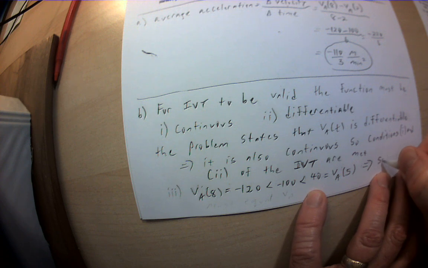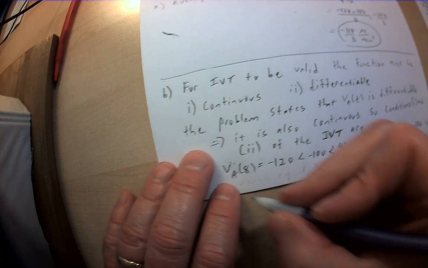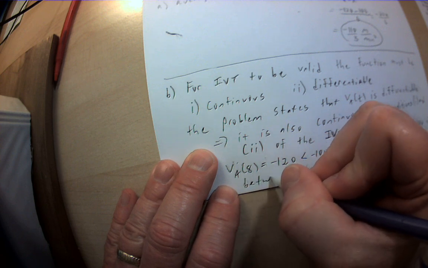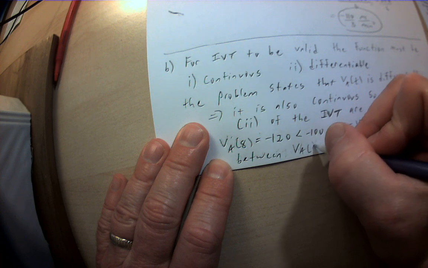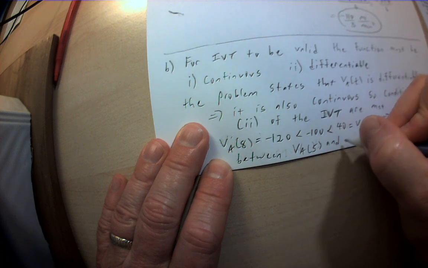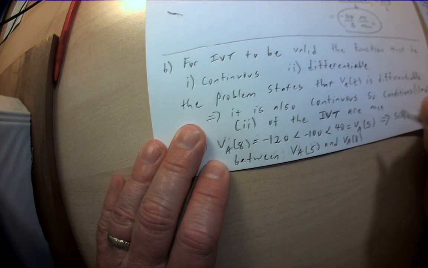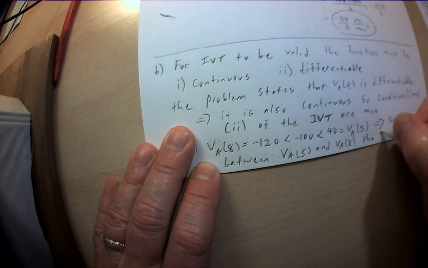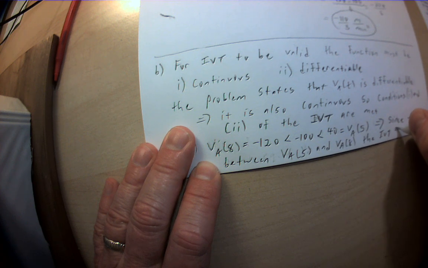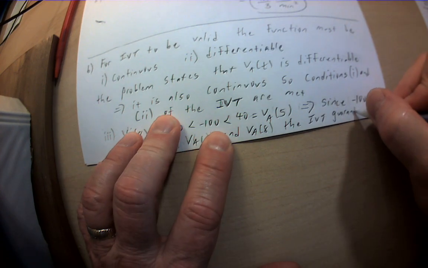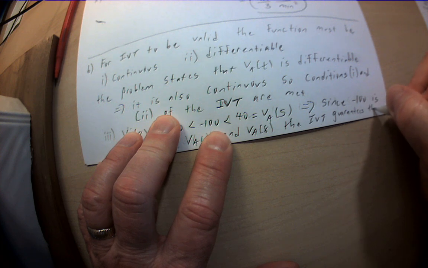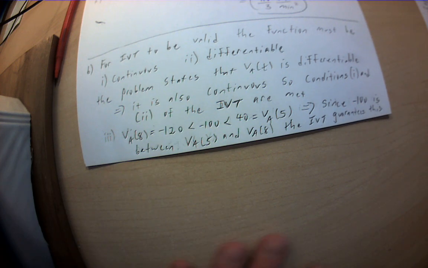Therefore, since negative 100 is between VA of 5 and VA of 8, the IVT guarantees this. Okay, so that's what they're looking for.